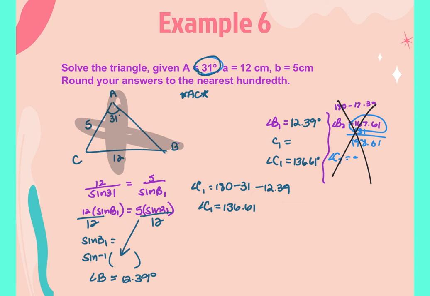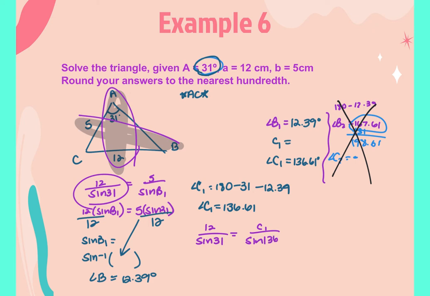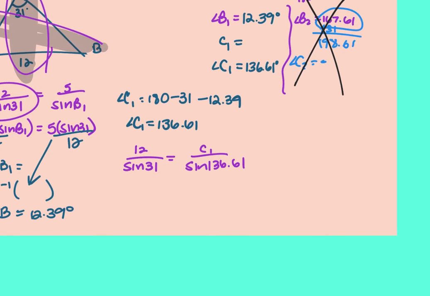So we use the A's that were originally given, which is this 12 over the sine of 31 equals C1 over the sine of 136.61. And then we're going to cross multiply: 12 times the sine of 136.61 would equal C1 times the sine of 31, and divide both sides by the sine of 31.